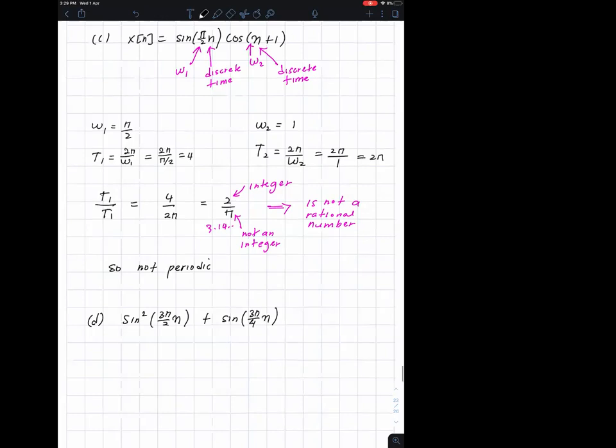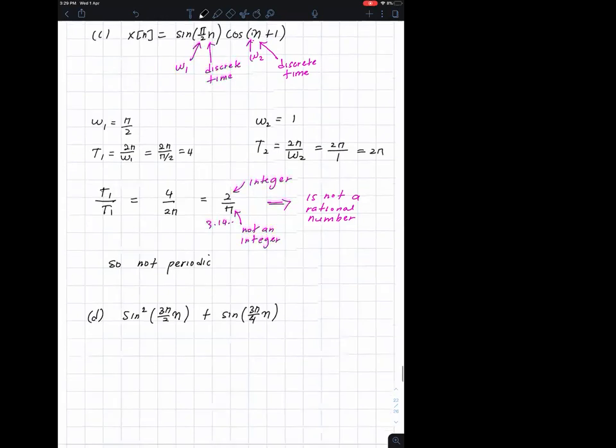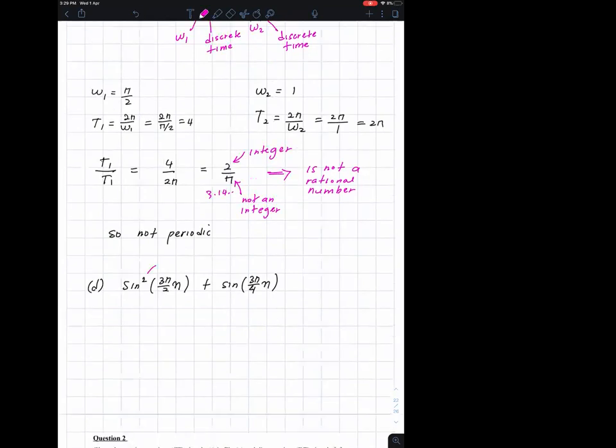Even though there's a square here, it is not going to affect the frequency, omega.